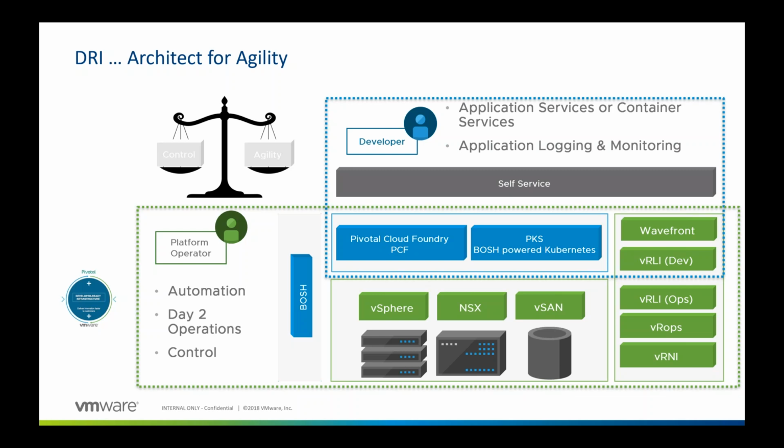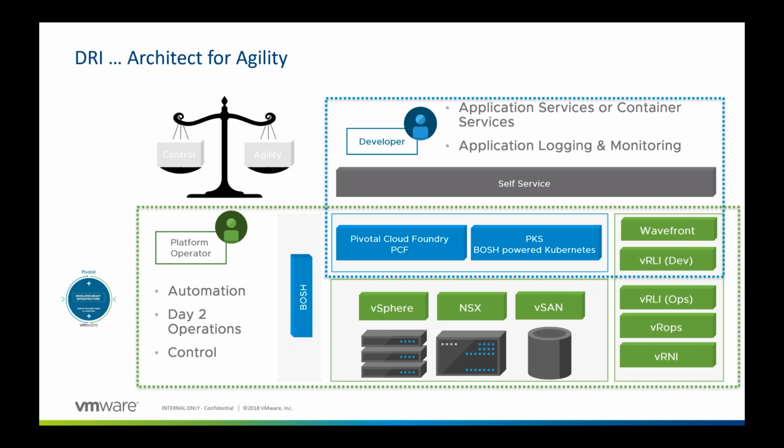As I said, the green box is where VMware lives and breathes. You can see we have vSphere, obviously, NSX is what we're going to talk about, and we've got vSAN. On the right side, you can see we've got a plethora of operational tools that VMware provides for our customers that answer different requirements of the stack. I'm not going to go through all of them.